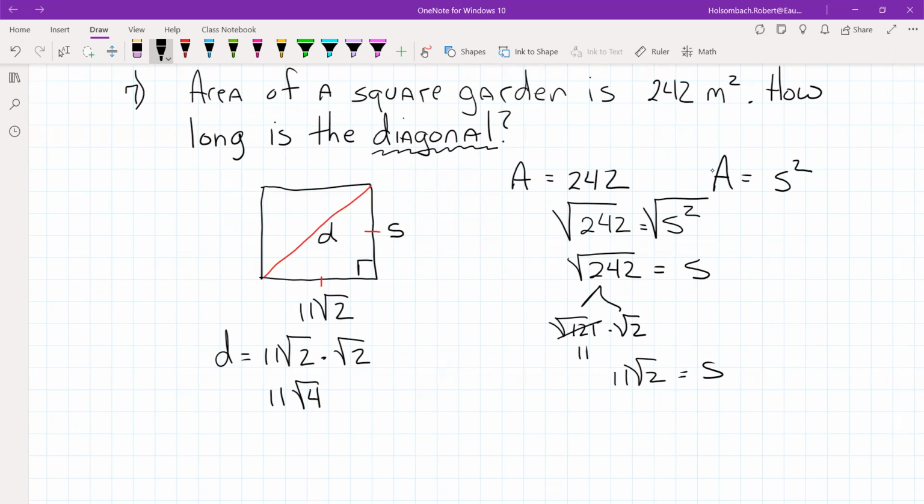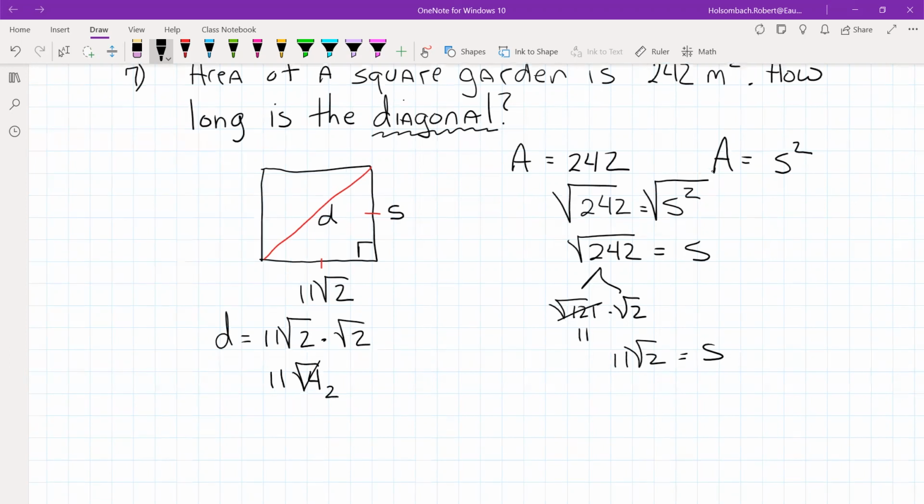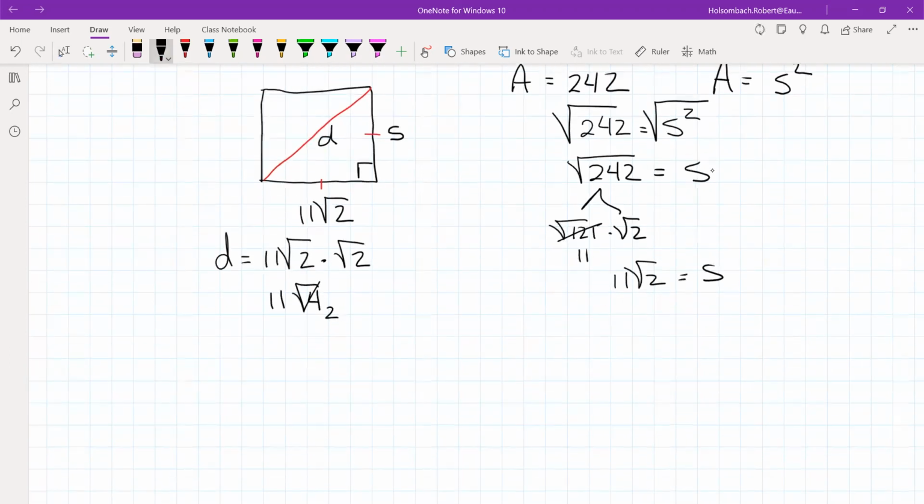The square root of 4 is equal to 2. So our diagonal is equal to 11 times 2, which is 22.